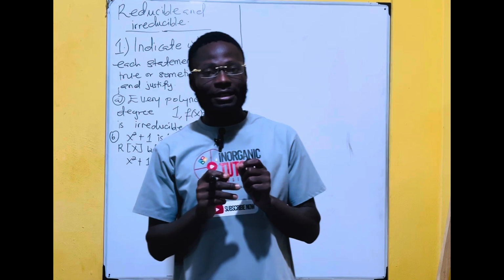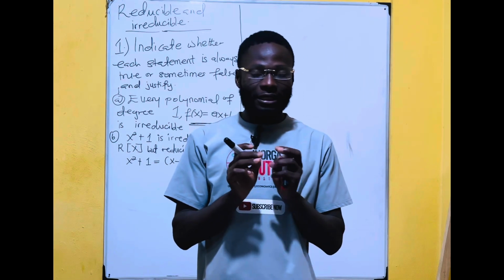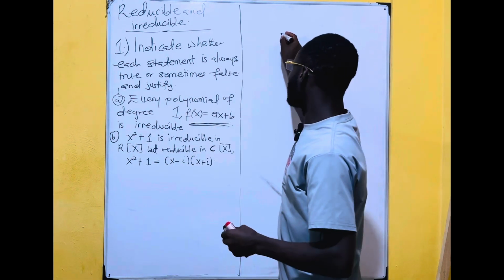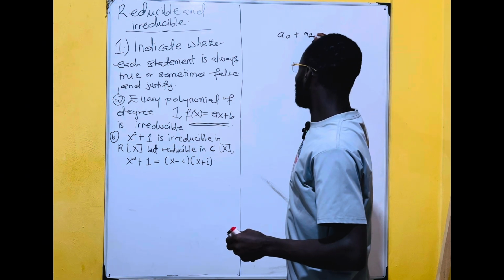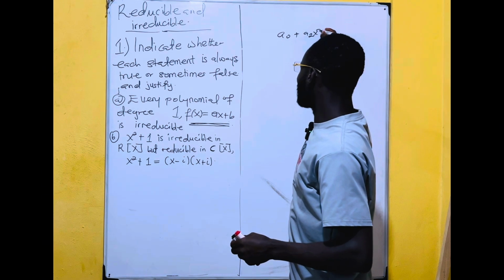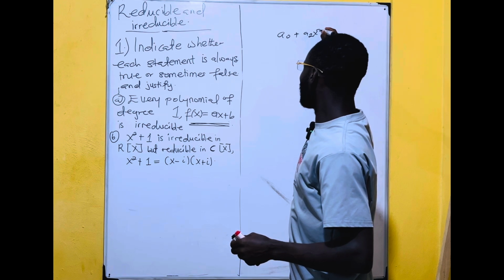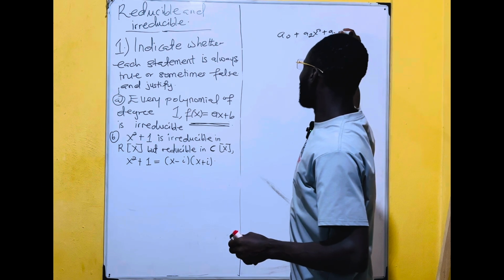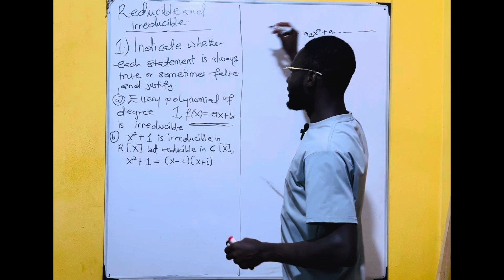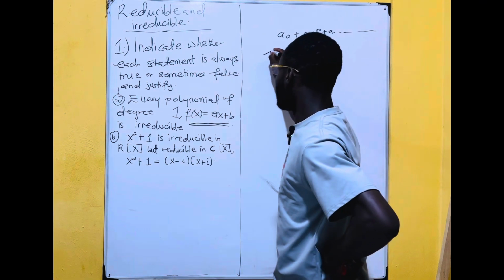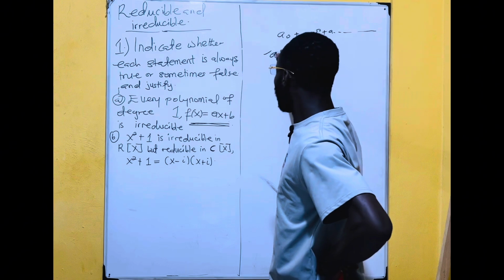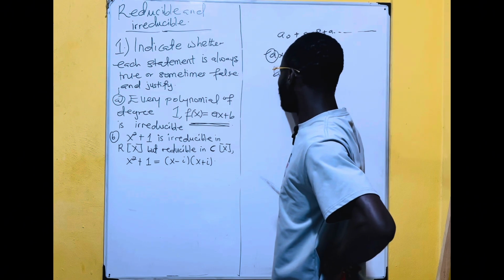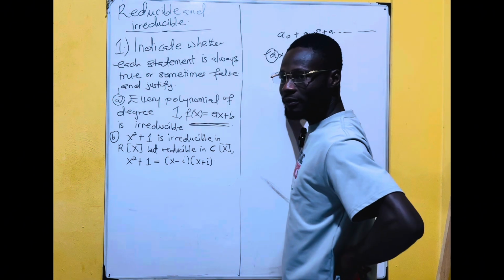We know that a polynomial is of this form: a naught plus a 1 x plus a 2 x squared, plus up to whatever it is. But linear is ax plus b, where a is never equal to 0.